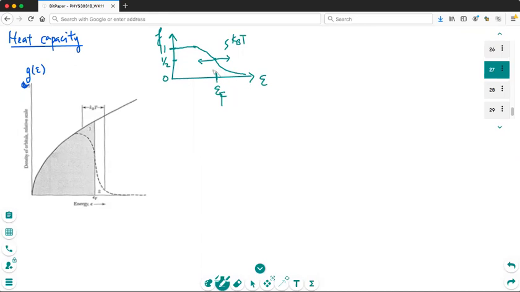And to absorb, once a fermion absorbs, it has to be able to go somewhere. If you are here, these are completely locked, because if you draw a kBT, this state is occupied, so it cannot go there.